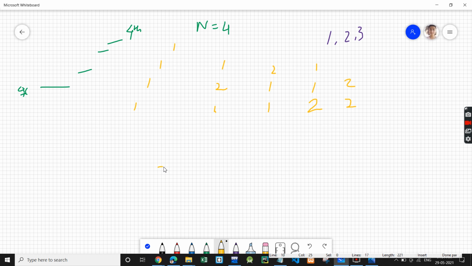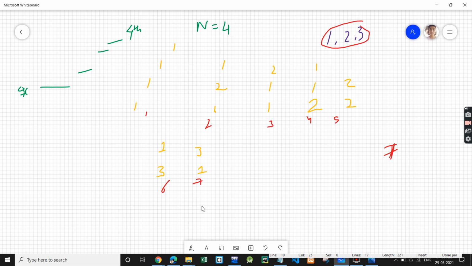What is left? The person can take 3 jumps in the starting and then only 1 jump, or the reverse: 1 jump in the starting and then 3 jumps. So if you see, we get 1, 2, 3, 4, 5, 6 and 7 ways. There are 7 ways in which we can reach the 4th stair if the person is allowed to make 1, 2 or 3 jumps, right?